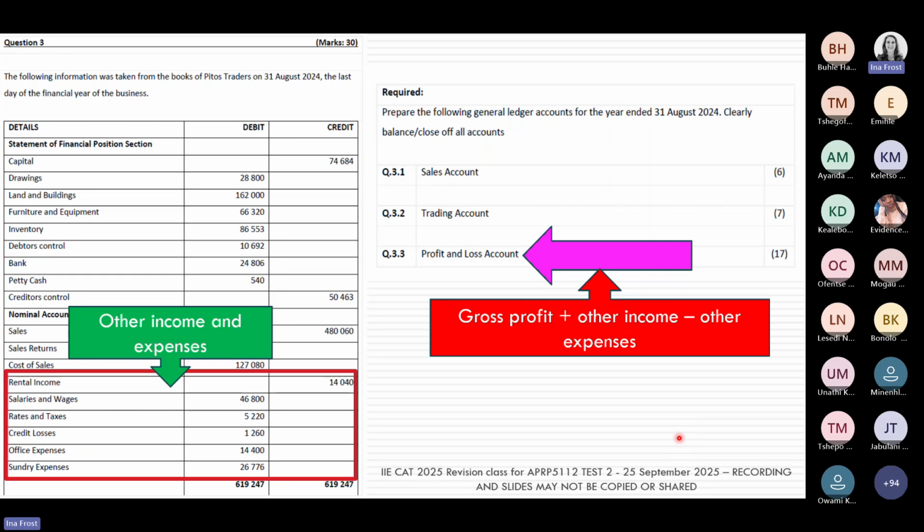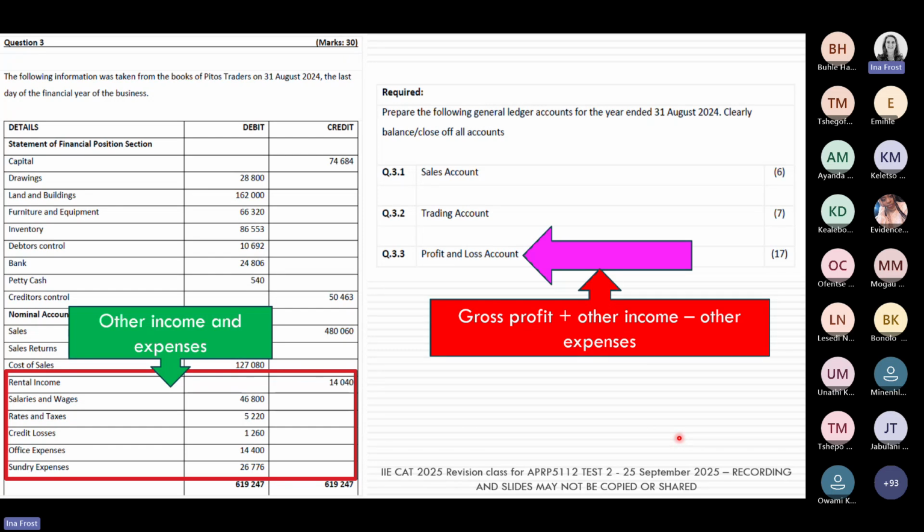And what is the accounting term for gross profit plus other income minus other expenses? Do you guys want to type it up for me quickly in the chat? Do you all know what is the accounting term for gross profit plus other income minus other expenses? What is the accounting term for that? Yeah, I see one student has typed it up for us.